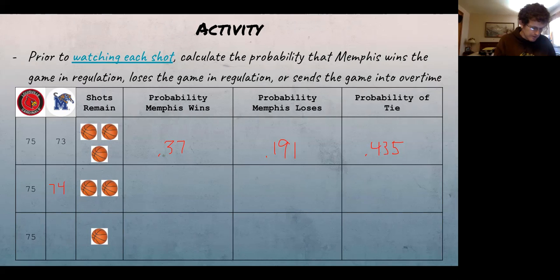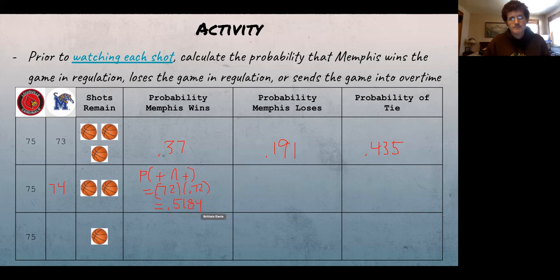And I'm going to go through this part a little bit fast. So he needs to make the first one and the second one, which is just going to be 0.72 times 0.72, which is 0.5184.